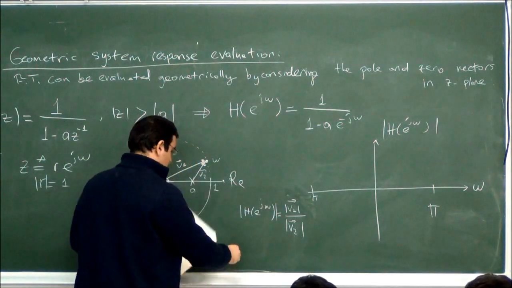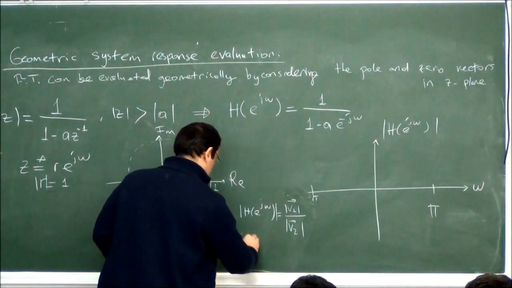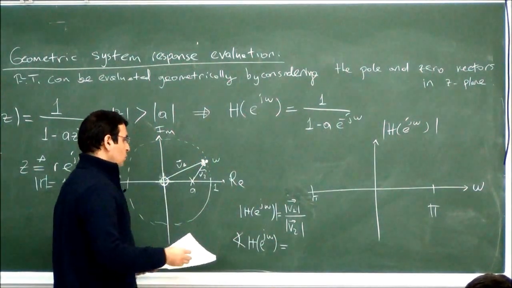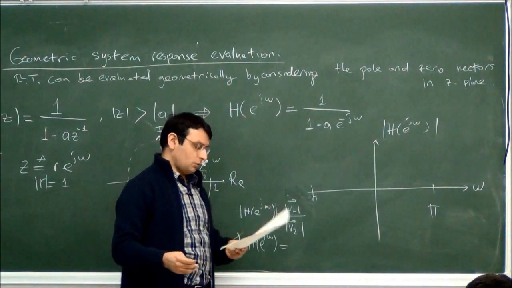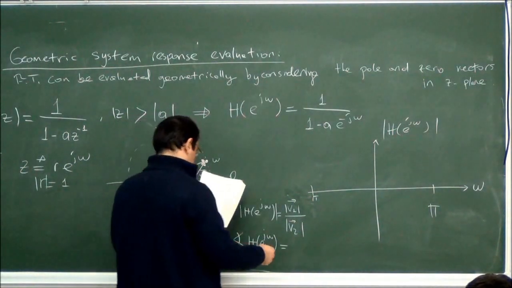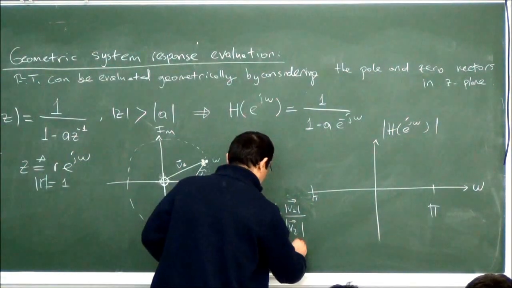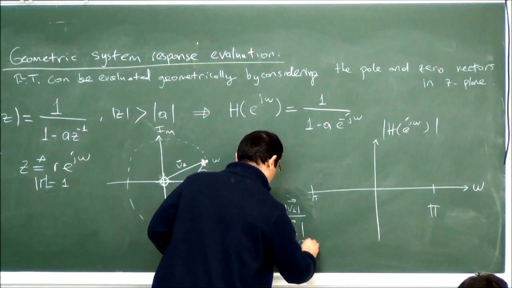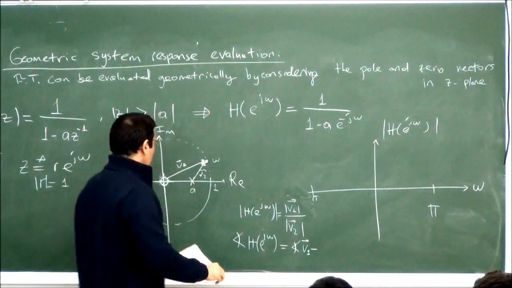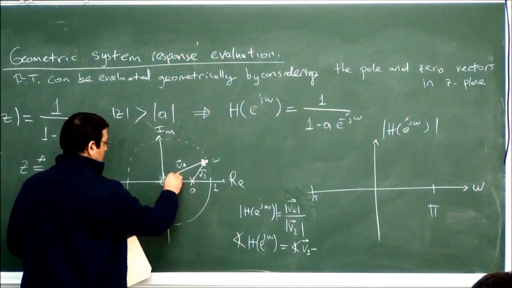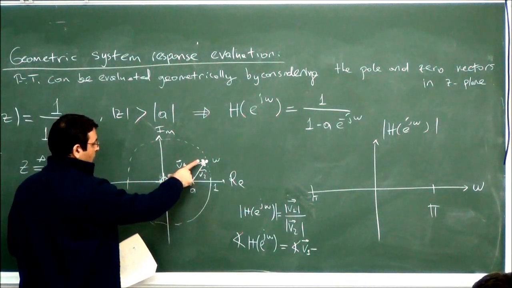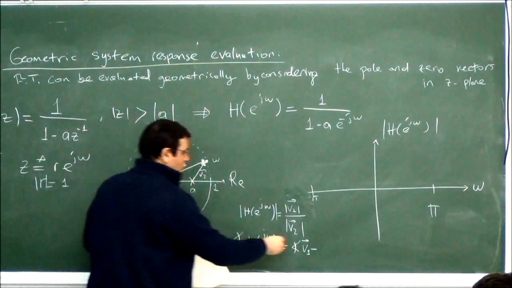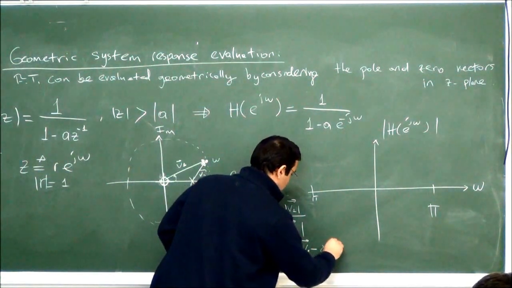The other is the phase response: in order to plot the Fourier transform, there is the magnitude response and also an angle or phase response of this signal. The angle is the angle of V1 minus the angle of vector V2.